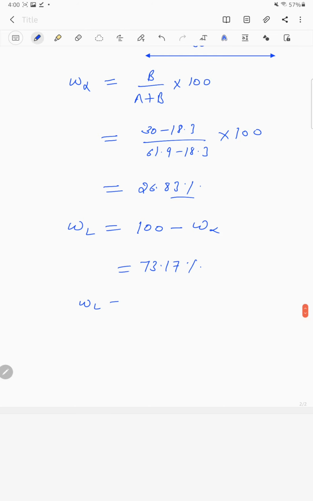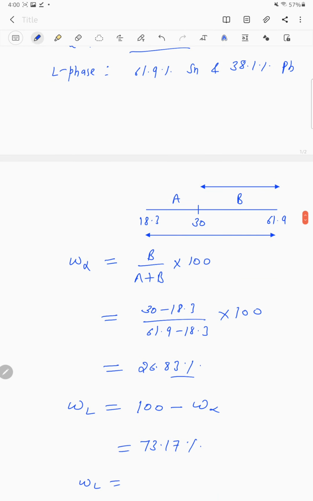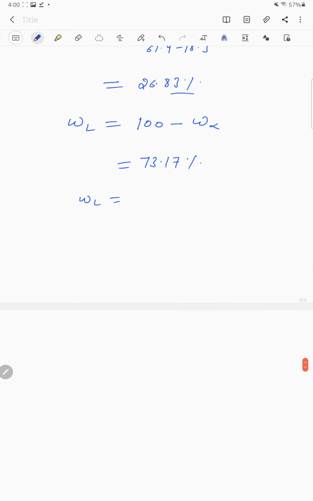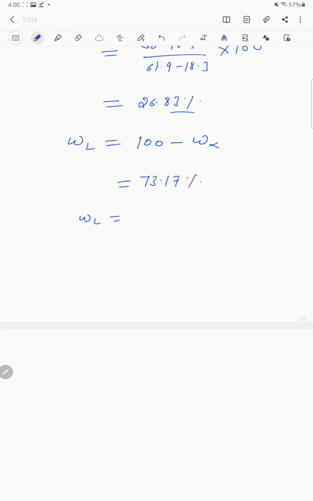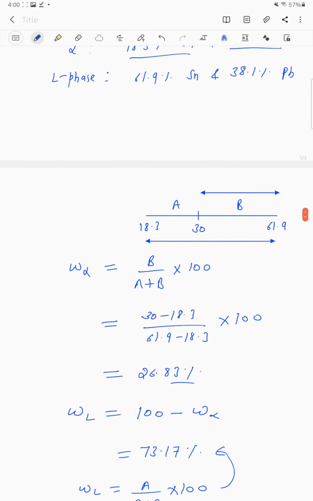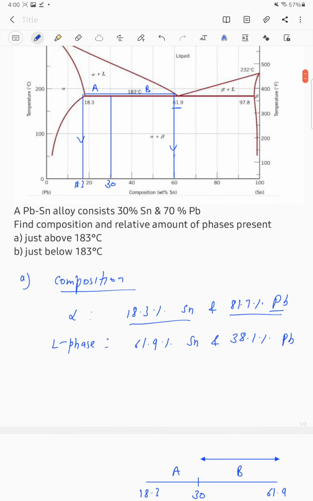We can also calculate the liquid this way: for the alpha phase we used B in the numerator, and for the liquid phase we will use A. So the liquid phase will be A divided by A plus B times 100. The answer will be the same as this. You can also calculate by 100 minus. So this is the weight percentage. How much weight in the alloy? The total weight of alpha will be 26.83% and the total weight of the liquid phase will be 73.17%. Now we will move to part B.